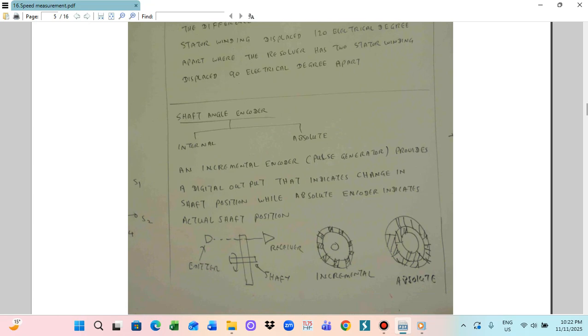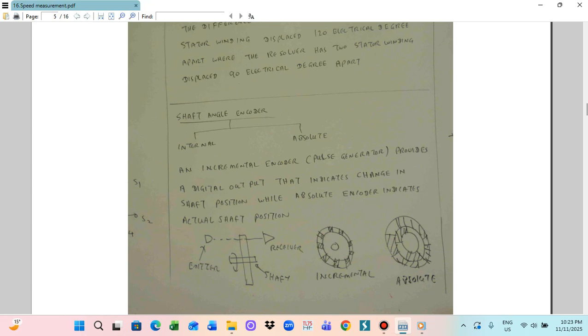The main thing is this is for the shaft here. This is an LED, a light emitter. When the light passes through the hole, we call the other side the receiver. This is attached to the shaft, and it is rotated like this.